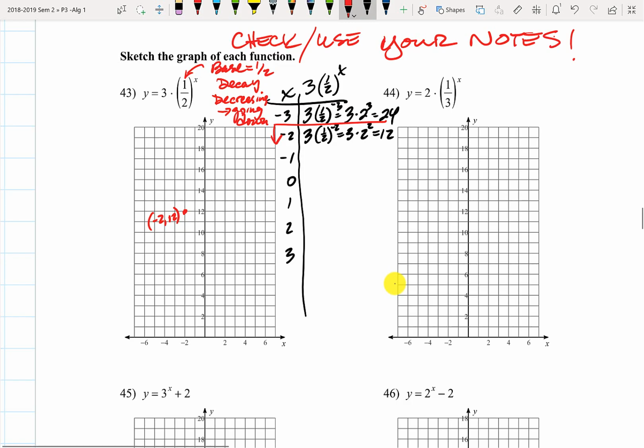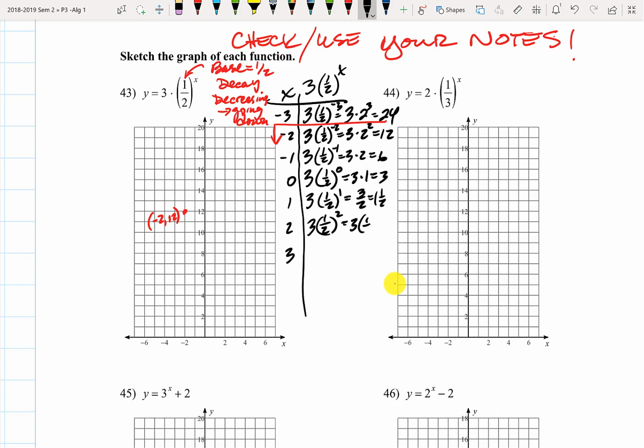Okay, now -1. So you have 3 times 1/2 to the negative 1 power, which is 3 times 2, or 6. I'll plot here in a minute. This is 3 times 1/2 to the 0 power, or 3 times 1, or 3. This is 3 times 1/2 to the first power, or 3/2, or 1.5. And this is 3 times 1/2 to the second power, 3 times 1/4, or 3/4.